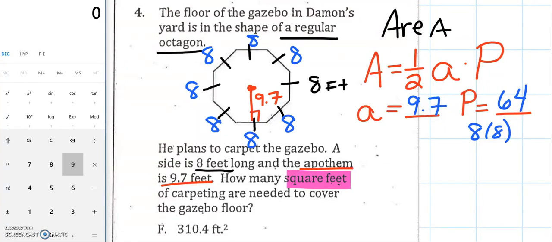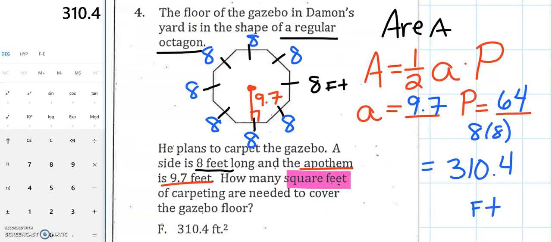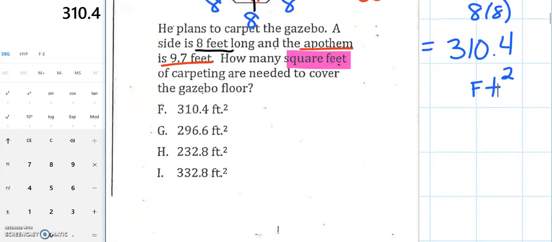Or if we do 9.7 times 64, then divide by 2. So my answer is going to be 310.4 feet squared. And let's see if any of my answers match up. Yep, F, 310.4. All right, next question.